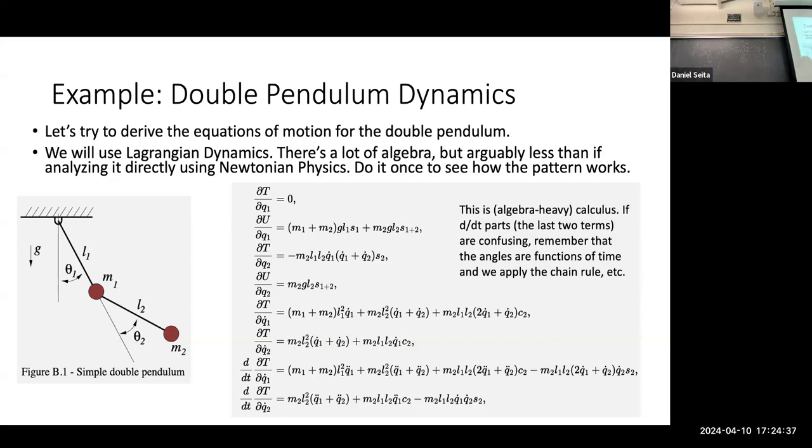Maybe we can try this one: the partial derivative of T with respect to q2. I'll go over there.